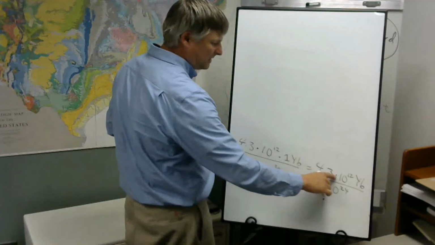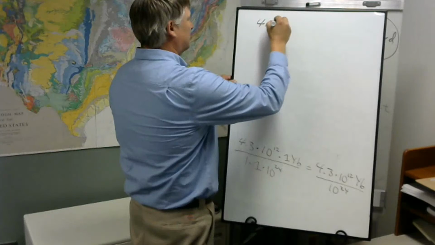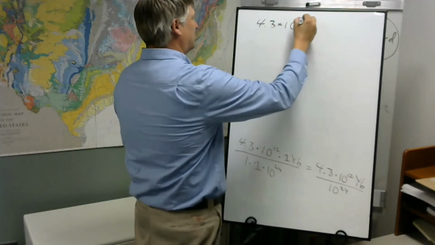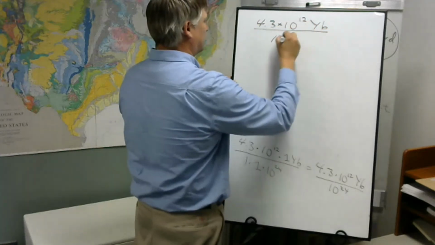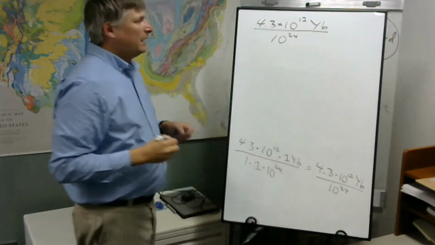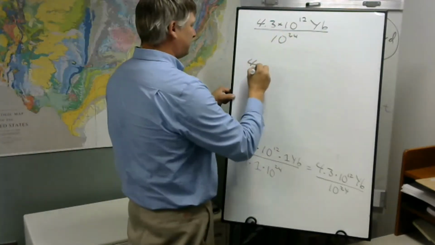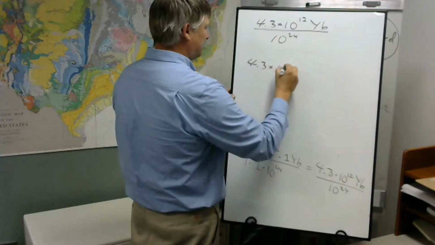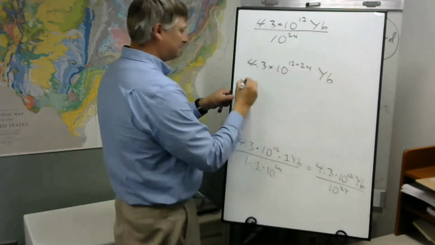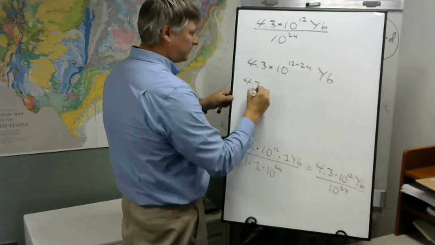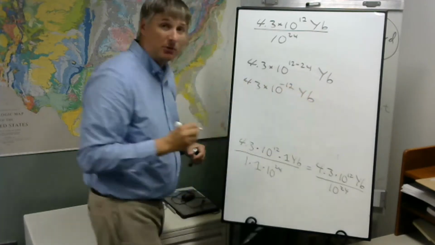And again, they use the times symbol as an X here, that little tiny X. And again, we want to divide the tens. So 4.3 times 10 to the 12 minus 24 yottabytes. Or 4.3 times 10 to the negative 12 yottabytes.